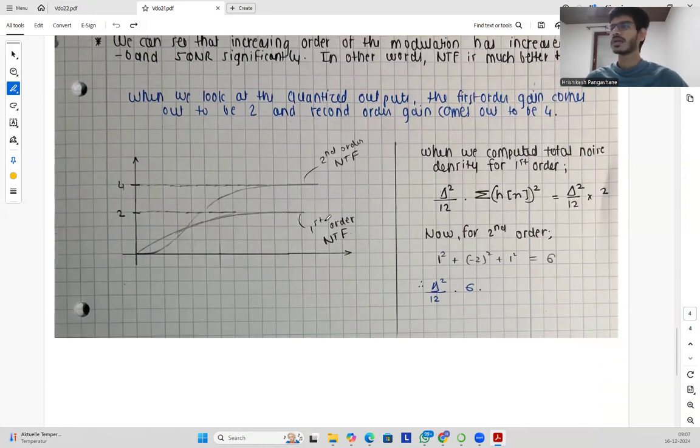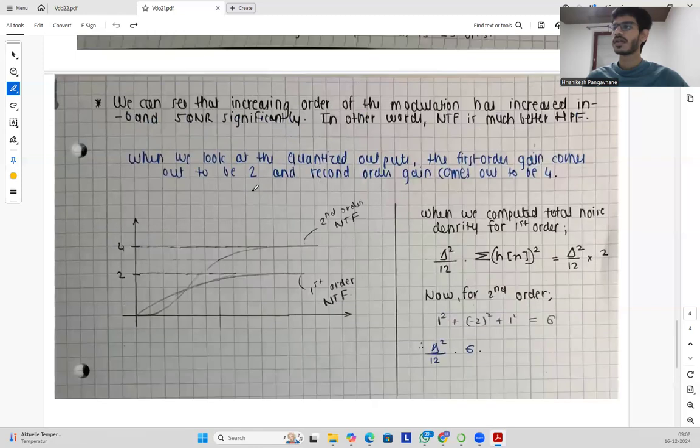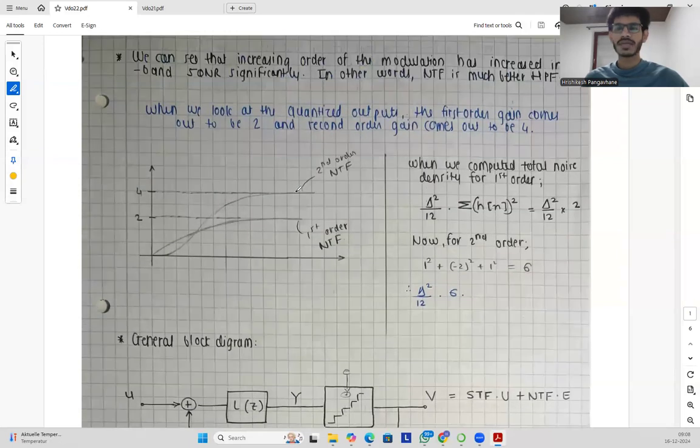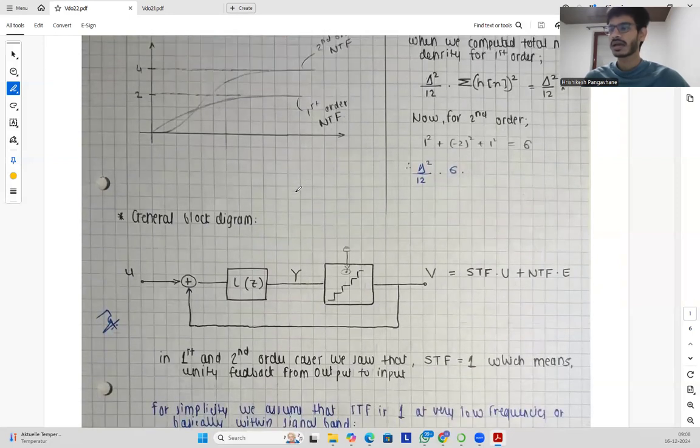We looked at the noise for both the orders, and we also talked about the behavior of NTF. Now that we have seen first order, we move to second order. So let's generalize the delta sigma modulator, and let's move further by generalizing the block diagram.